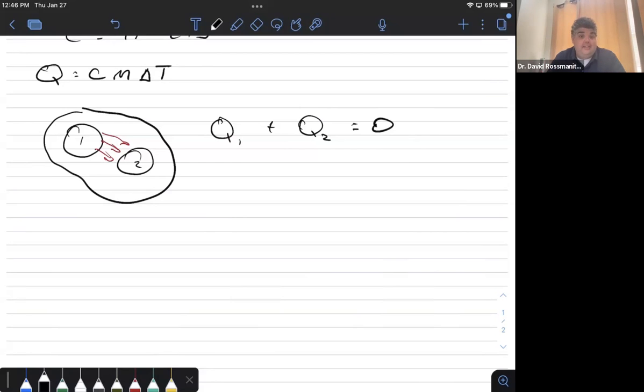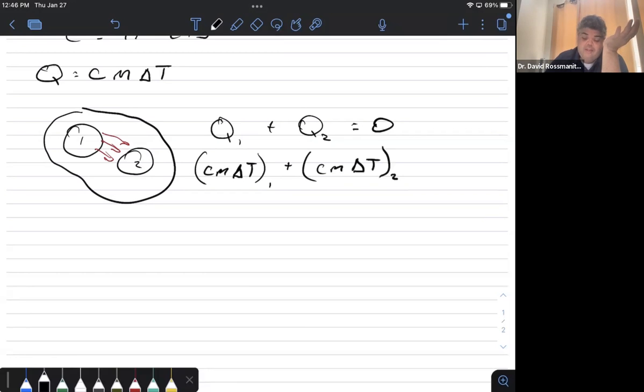Once we have this concept, then I know exactly what to do. I say, look, I don't know the value of Q1. I don't know exactly how much energy object 1 gives away, but I could calculate it. I could say that's Cm delta T for object 1. And then the amount of energy that object 2 will get, I don't know its number, but whatever it is, it's Cm delta T for object 2.